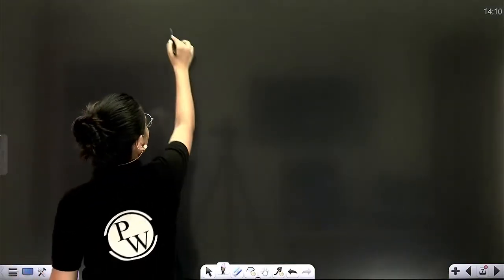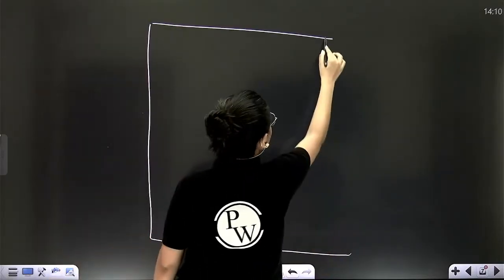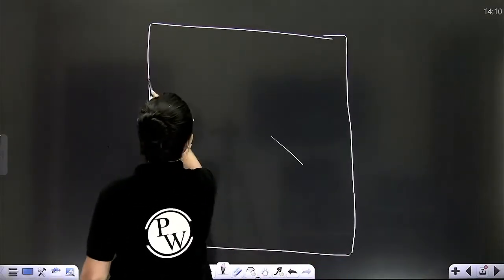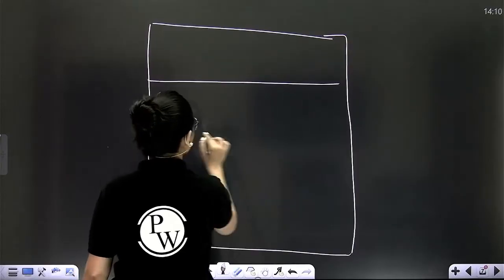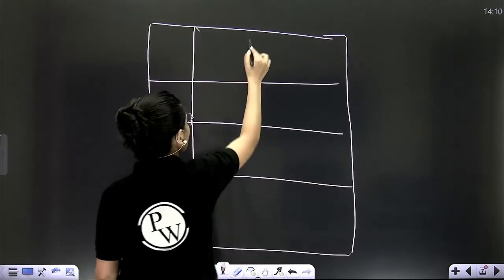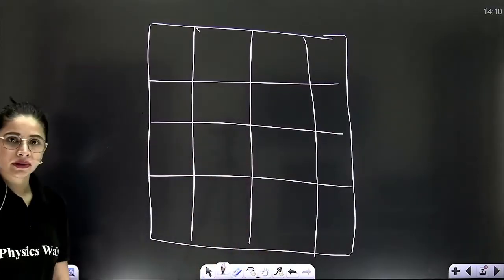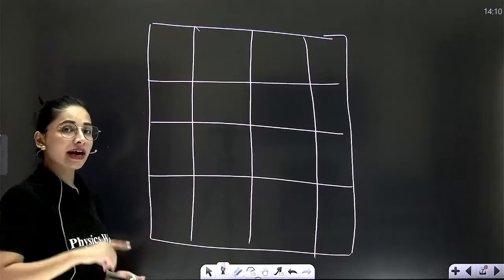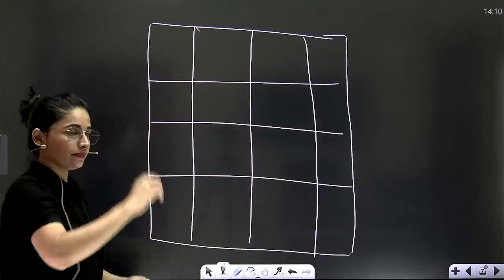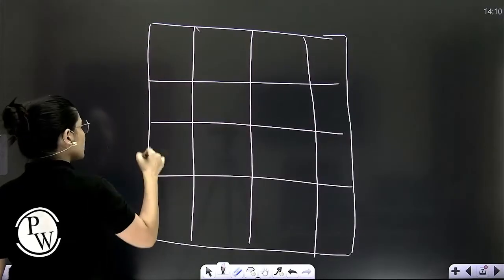Now just see. One, two, three, four. 4 nucleotides are there, na. So we'll make 4 boxes like this. Okay. Now, how many nucleotides in one codon? 3. So here you are going to write some nucleotides.